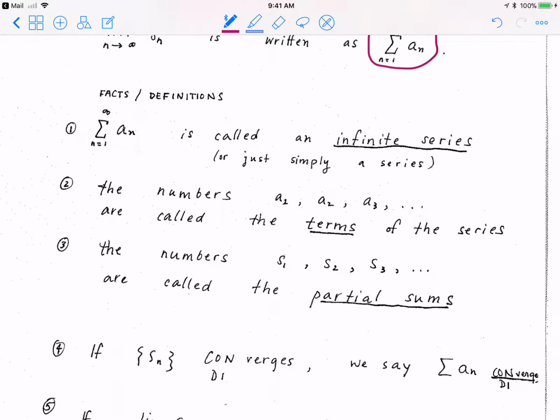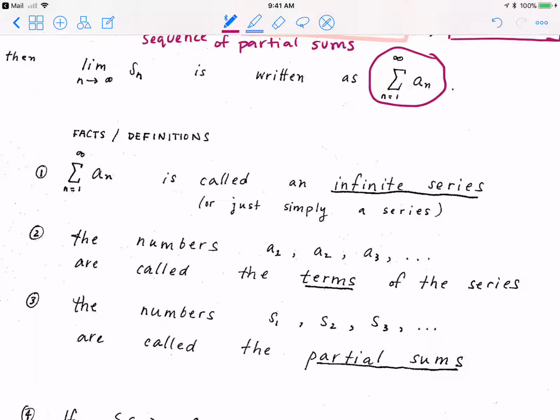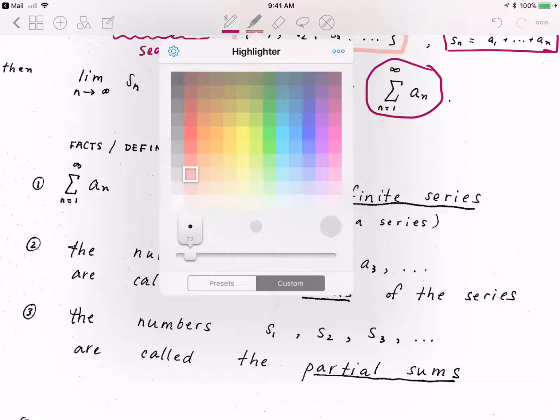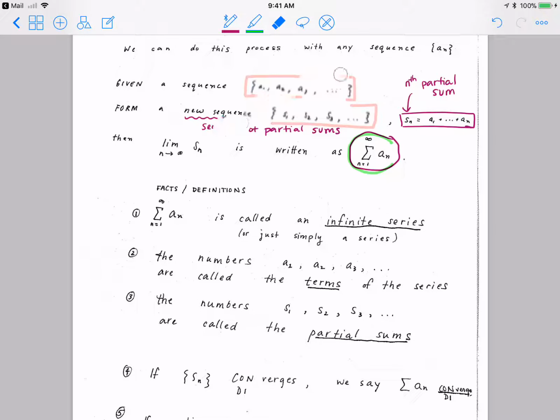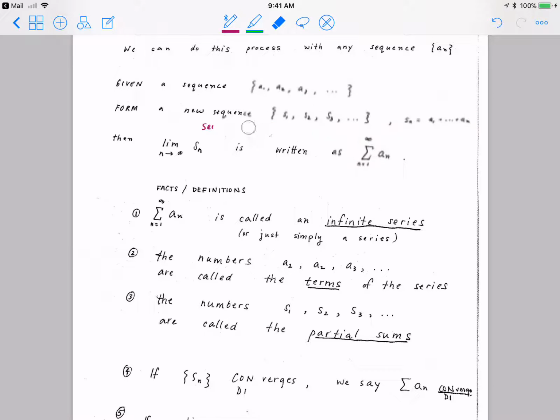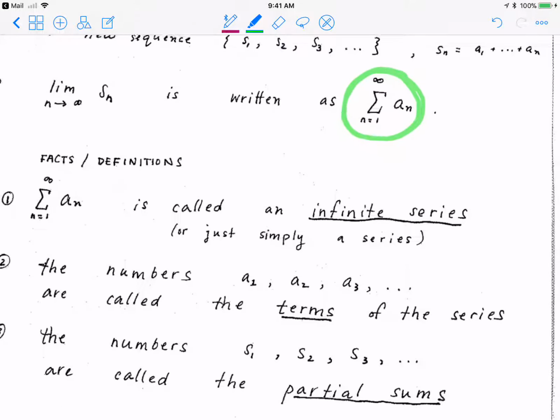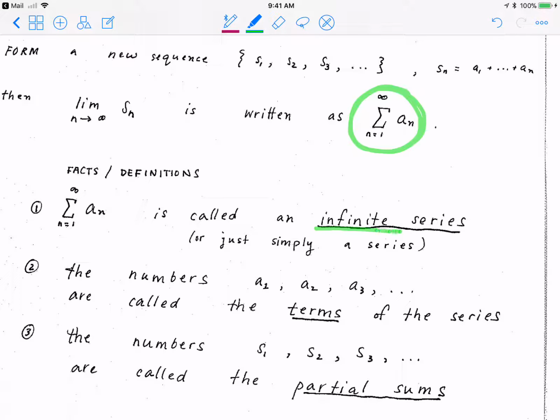Now, let's get into some definitions. This notation here is called an infinite series. It's also just called a series.